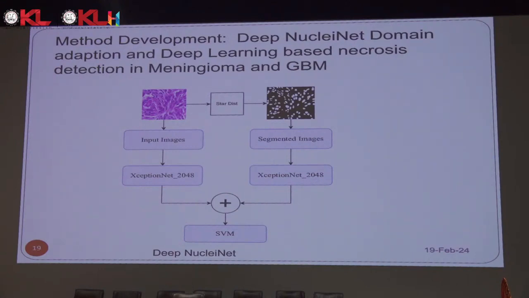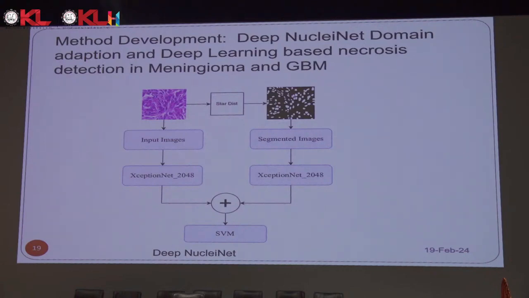This is the standard Xception net. Necrotic region is a function of the number of dead cells. For domain adaptation, we created one more model using a technique called StarDist, where we extracted the nuclei only. There were some issues with this, which we'll talk about.